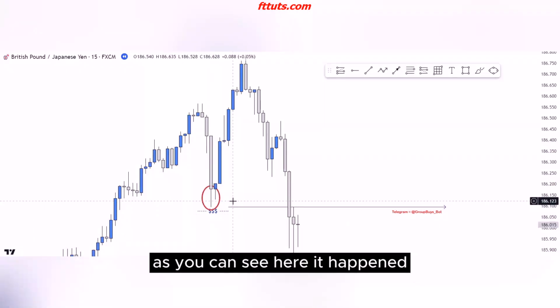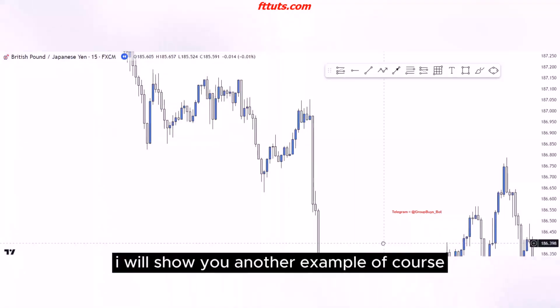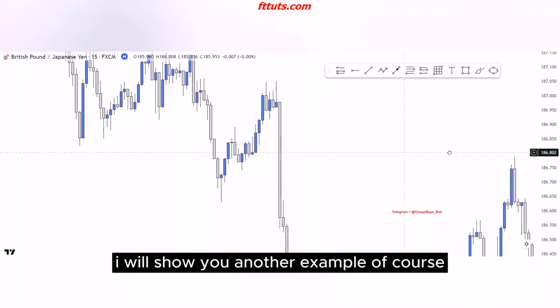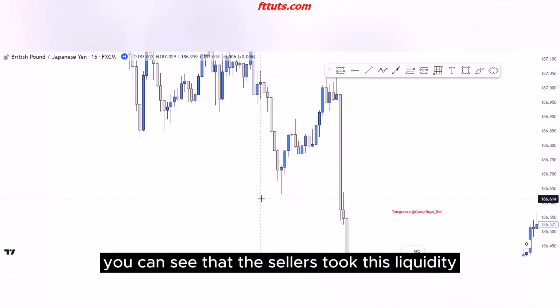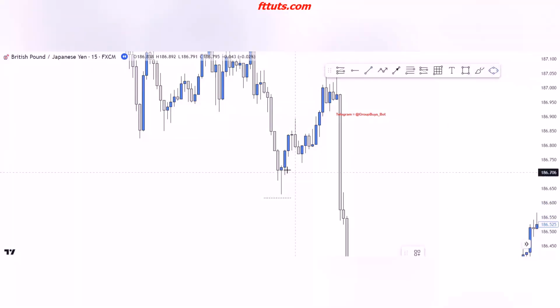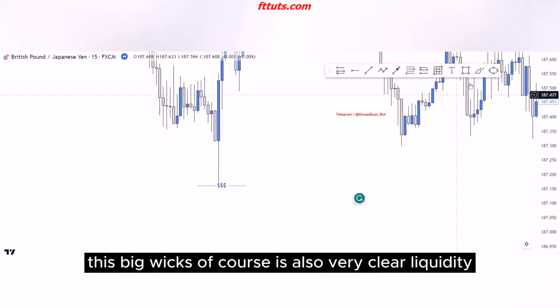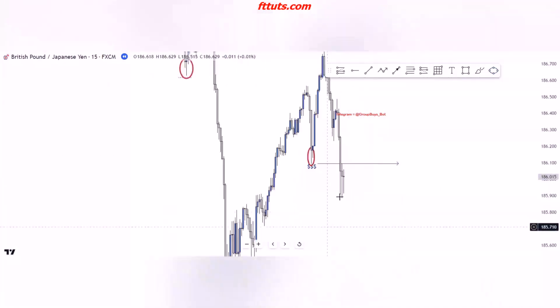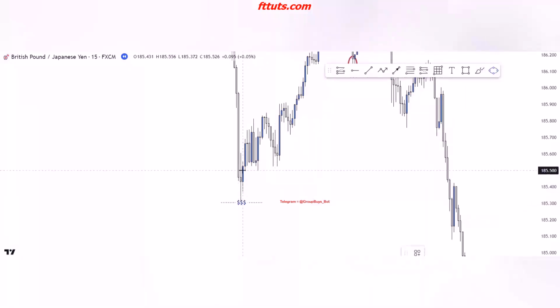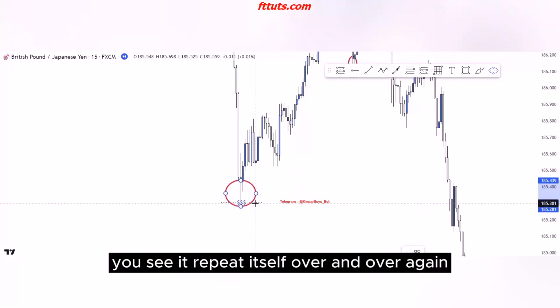As you can see here, it happened. I will show you another example. Of course, you can see that the sellers took this liquidity. These big wicks are, of course, also very clear liquidity. You see it repeats itself over and over again.